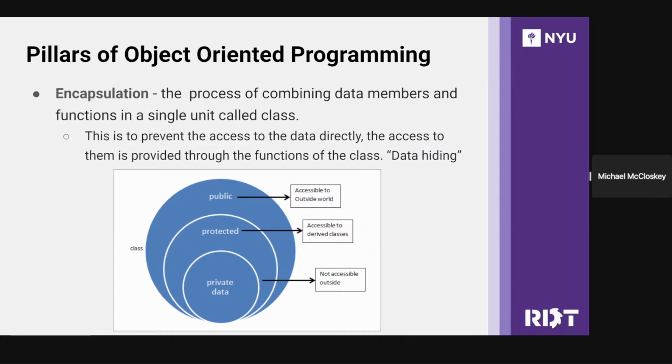And it also has the ability to use data hiding, which basically means that if there's certain information about our class that we only want accessible to certain other parts of our code, we can hide it and only allow the data that we want to be accessed. Next slide.